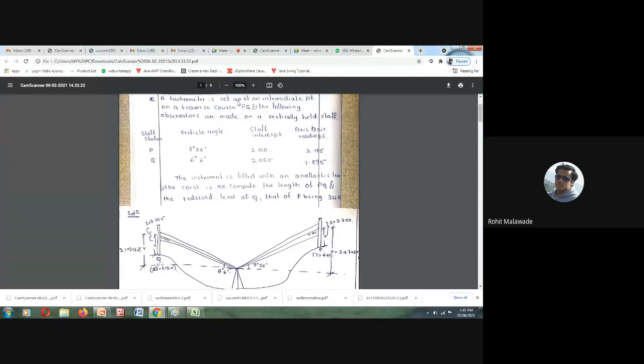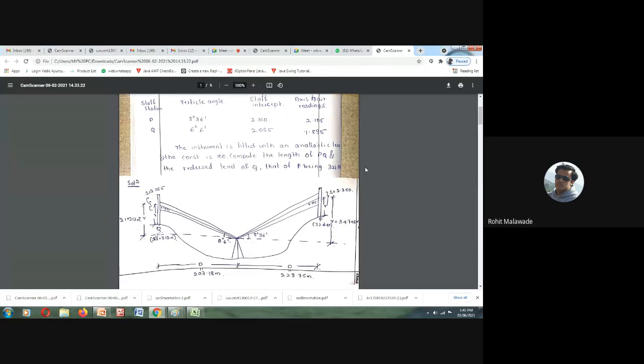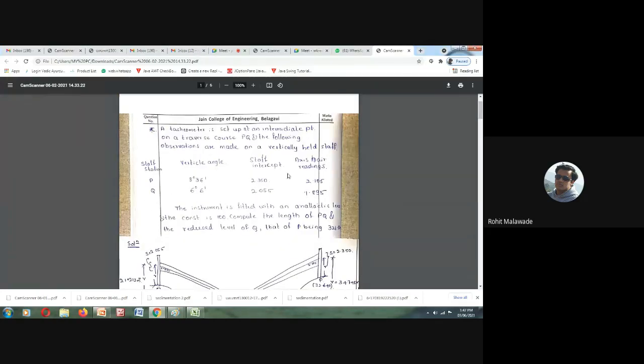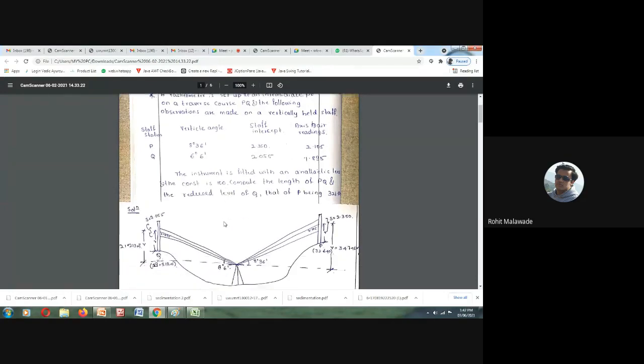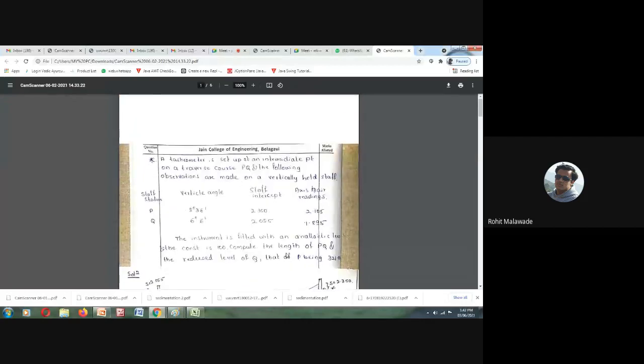By this data you should be able to draw the diagram. Then the instrument is fitted with an analytical lens and the constant is 100. So the K value is given as 100.